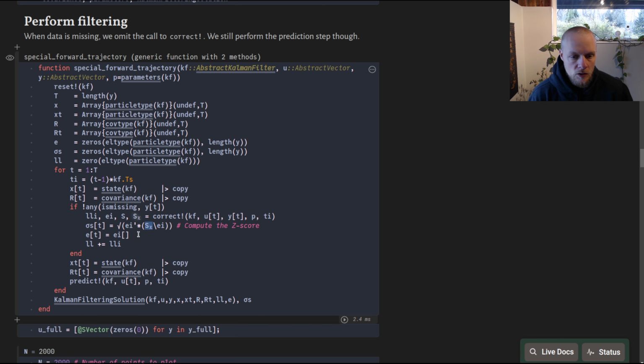And we expect the prediction error to be roughly between plus minus 2 standard deviations. And if it's much larger than that, it means that the model saw some data that was unexpectedly large or unexpectedly small. And we will use that eventually to figure out if we have a fault in our sensor or if the system is behaving strangely.